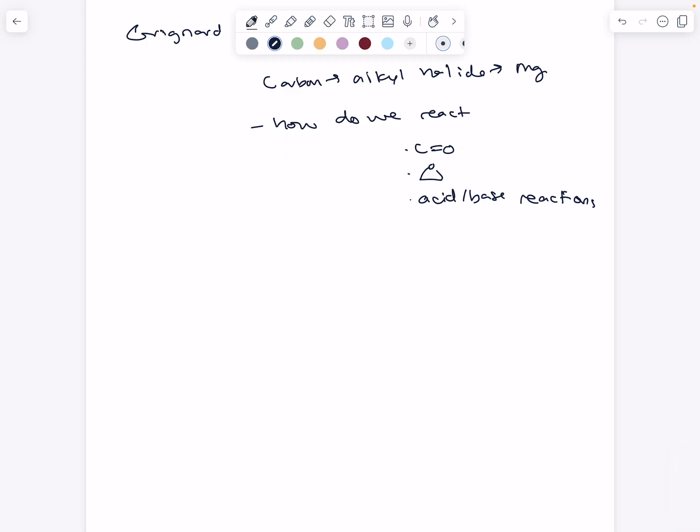Also make sure you're familiar with Chapter 10, addition reactions, and adding alcohols, or adding water across a double bond, because we build on that a lot, and epoxide chemistry.